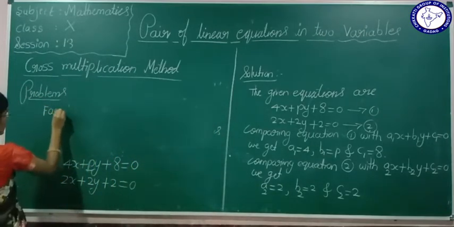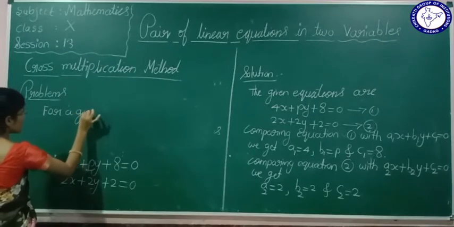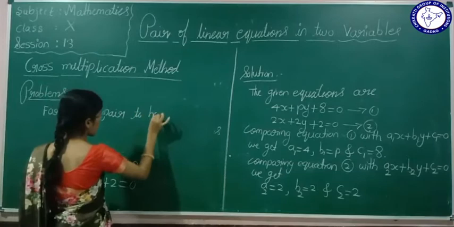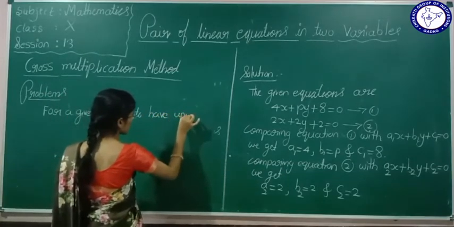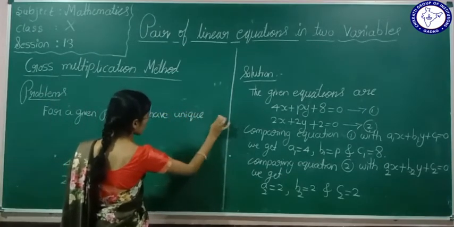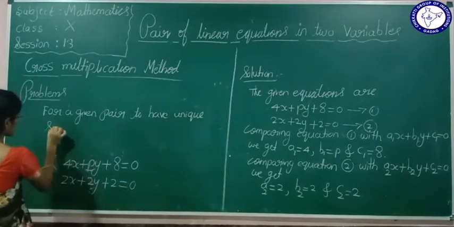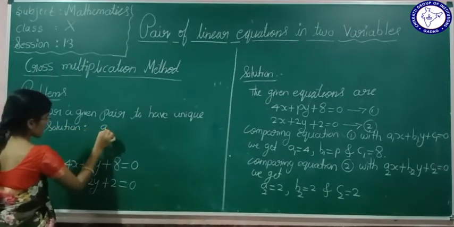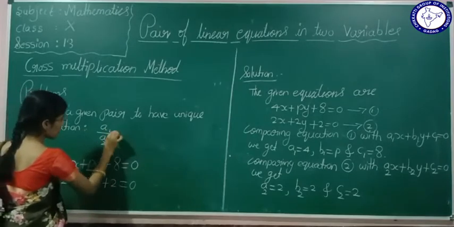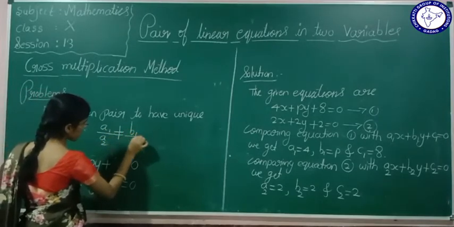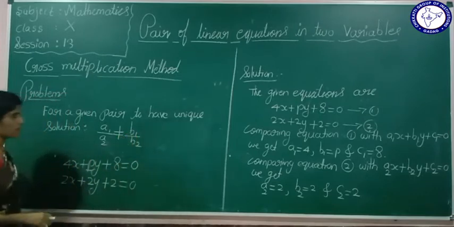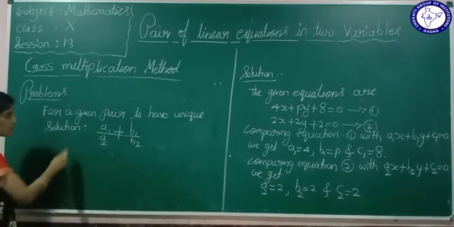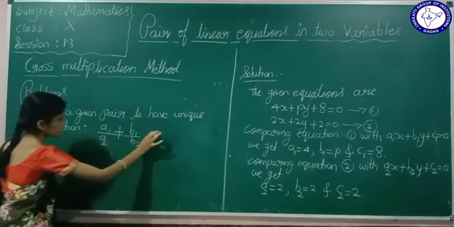For a given pair to have a unique solution, what is the condition? a1 by a2 should not be equal to b1 by b2. Okay, for a given pair to have a unique solution, this is the condition.